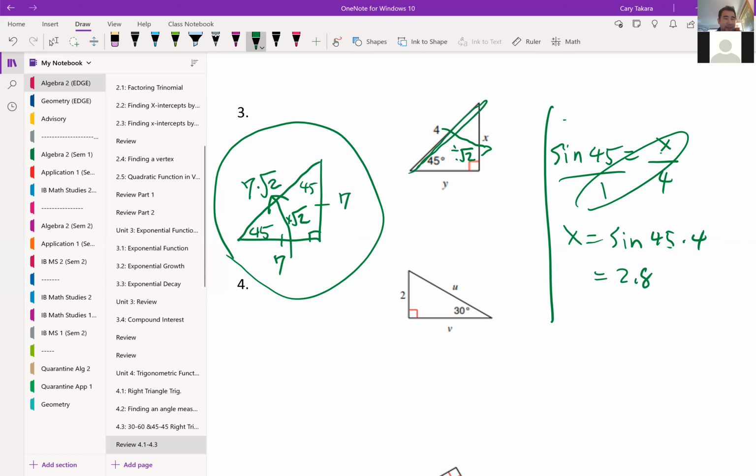You remember that? So x is going to be 4 divided by square root of 2. Does anybody have a calculator? Can you do 4 divided by square root of 2? You get 2.8.